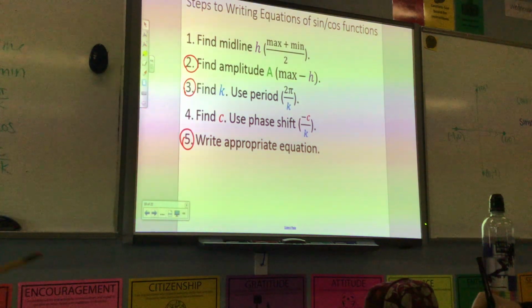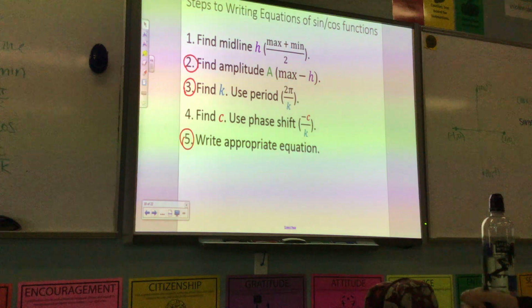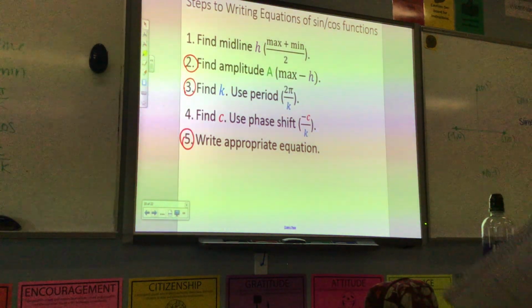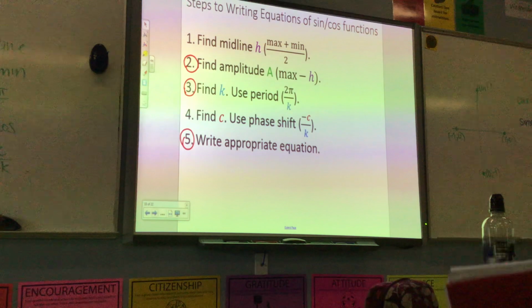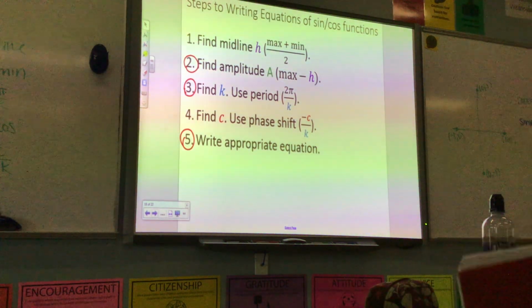Today's are the easier ones, because once you find A and K, you're done. Basically. Reverse. Yes, the top one. It's doing the average of it.